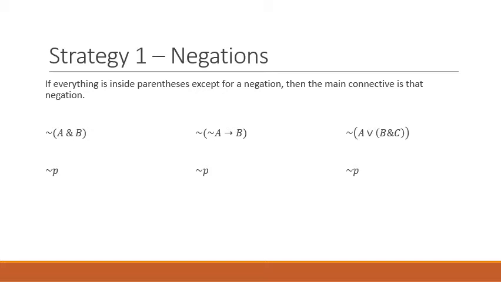You should be thinking of that as a not P or a not Q, depending on what your other sentences are saying. But again, the main connective is what we're looking for, and in these cases, every situation is the negation. The negation outside of the parentheses is the main connective.